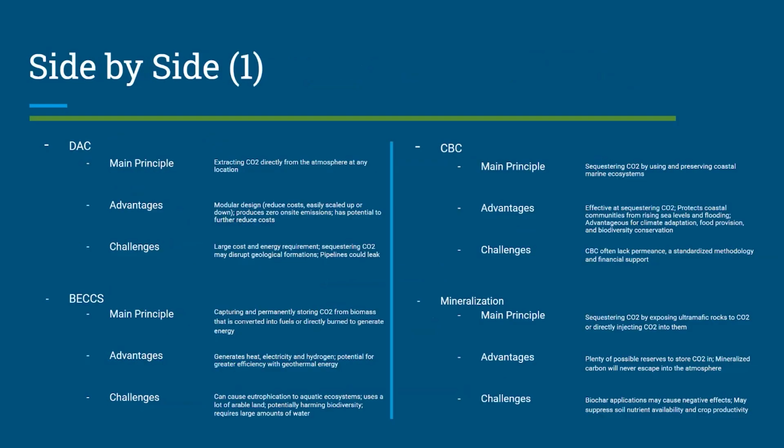So that was probably a lot of information all at once. So here is a table that compares these four NETs together, comparing their main principles, advantages, challenges, costs, current storage, as well as the materials that they rely on.